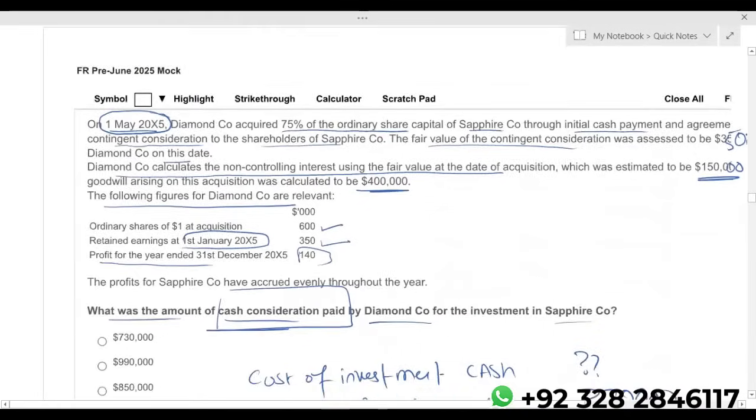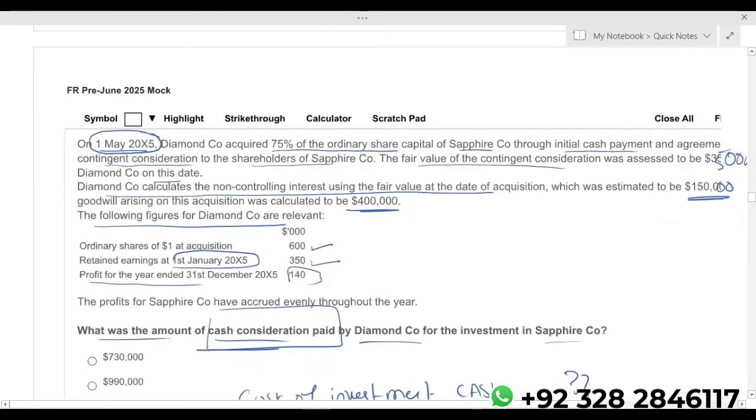Now listen to me carefully, student. Acquisition date is 1st May. Examiner has given me the retained earning of 3 lakh 50 on 1st January X5. I need the retained earning on 1st May X5. So what do you need to do?